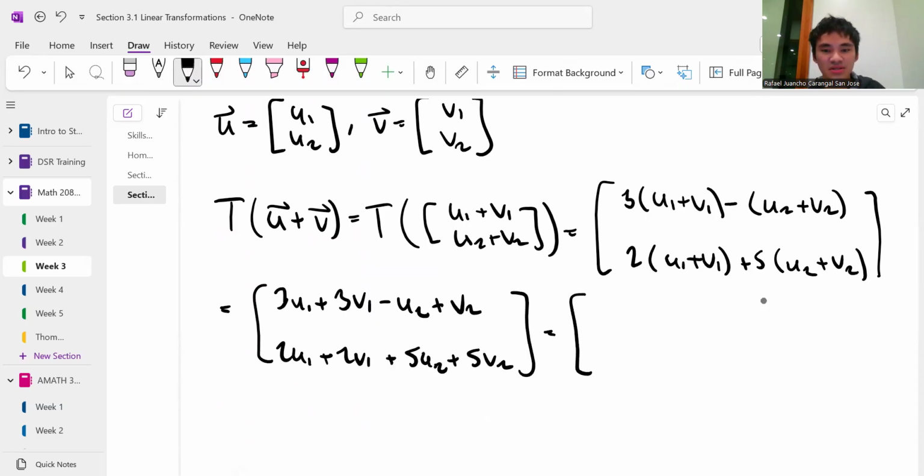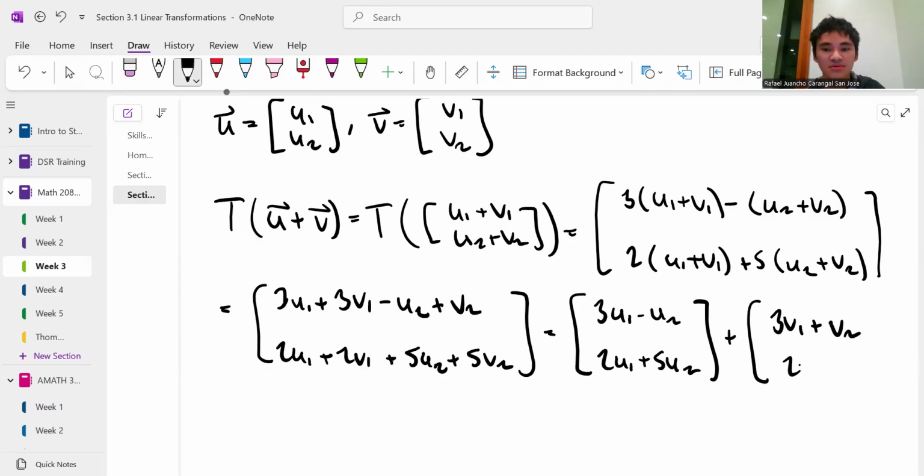And then we could separate these out. We could say 3u sub 1 minus u sub 2, 2u sub 1 plus 5u sub 2. Separate the u's from the v's. We add that to 3v sub 1 minus v sub 2, 2v sub 1 plus 5v sub 2.